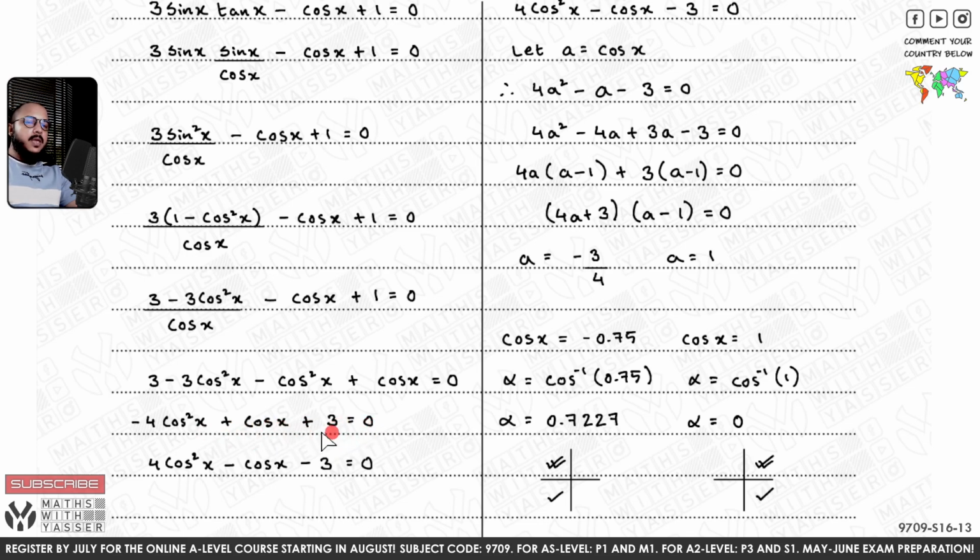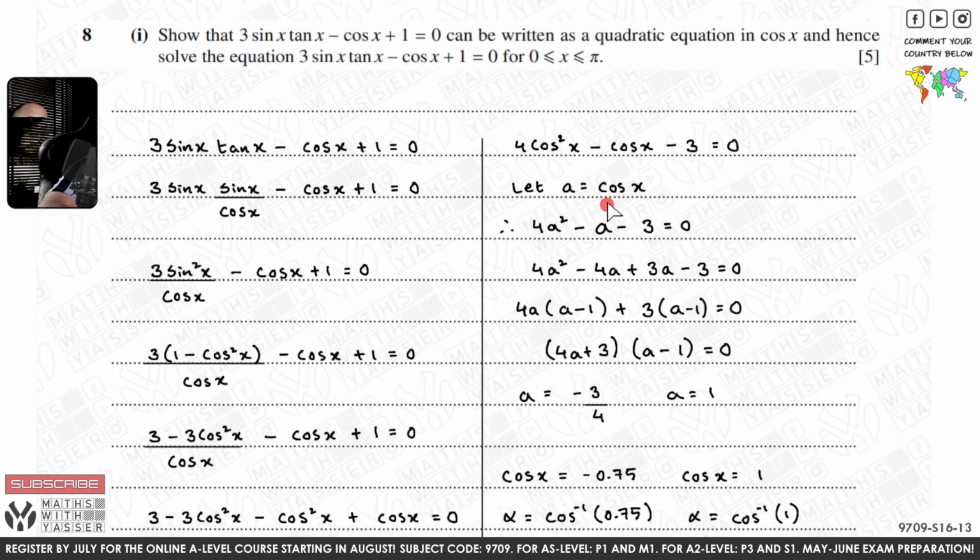By multiplying both sides with negative 1, we get 4 cos square x minus cos x minus 3 equals 0. Now let's consider a to be cos x. So 4a square minus a minus 3 equals 0.